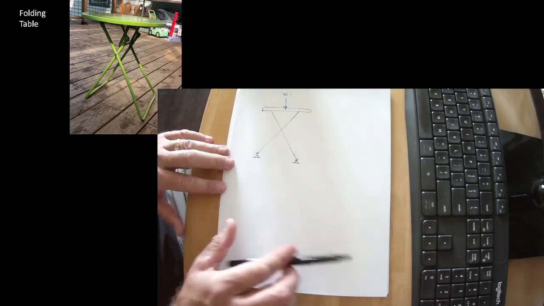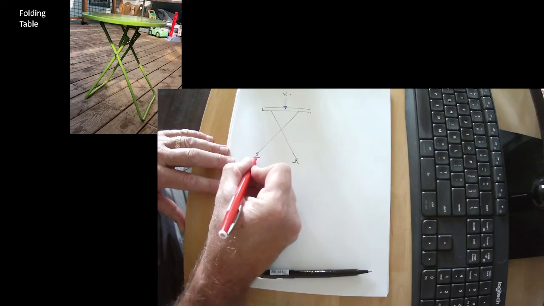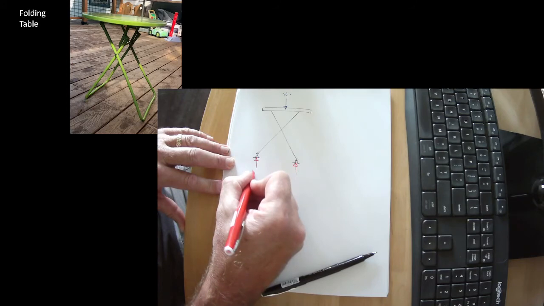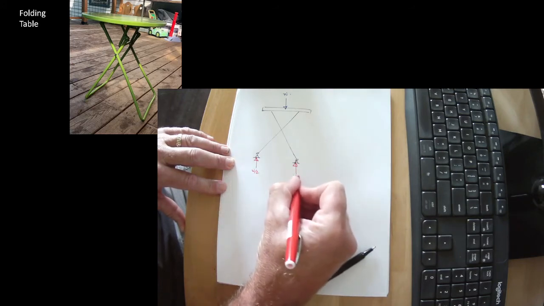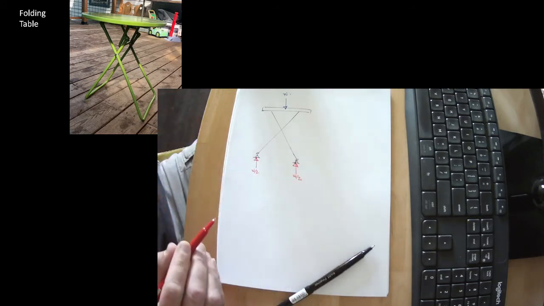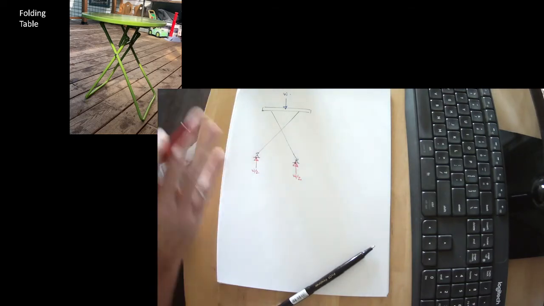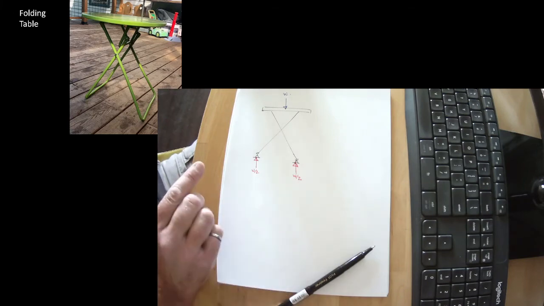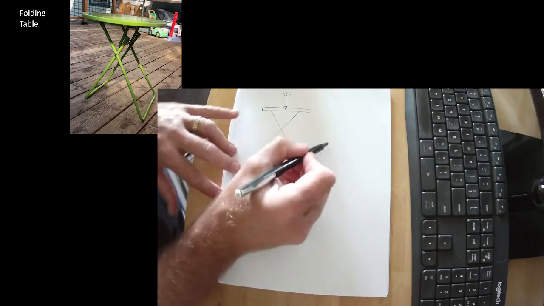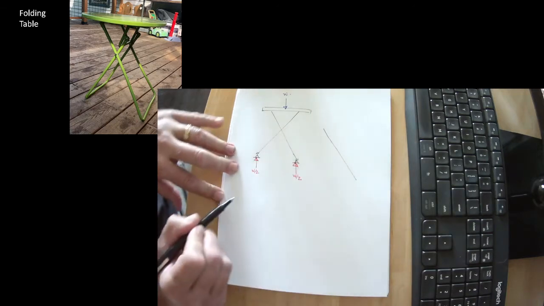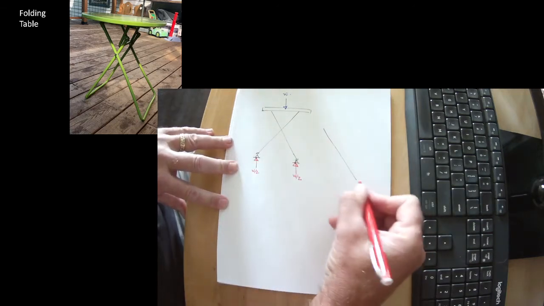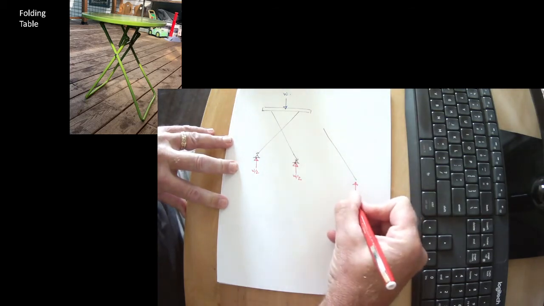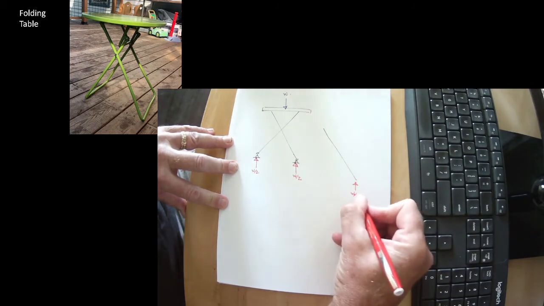We can see though, let's ignore wind on this thing. W over 2, W over 2. The free body diagram of the overall structure is actually very simple. But let's look at the free body diagram of one leg. Well, we know that is W over 2.